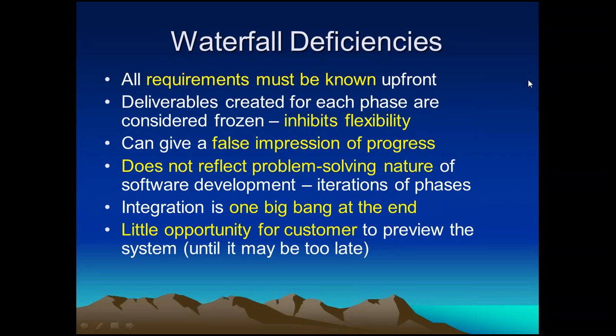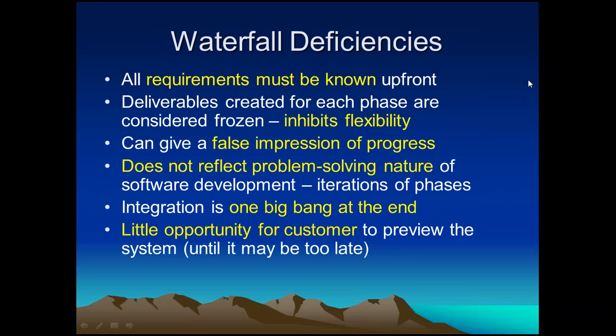In these specifications, the customer may assume a false impression of the progress, and there is no iteration of the phases. We are not allowing iteration of the phases or activities if required. So that reflects that there is no problem-solving nature for the development.